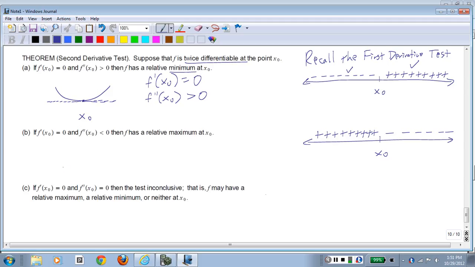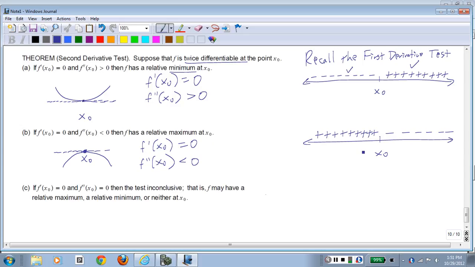On the other hand, maybe the graph looks like this. There is a horizontal tangent line at x sub 0, so f prime of x sub 0 equals 0. And f double prime of x sub 0, if it's concave down, that's negative. Now, based on that, we can say it has a relative maximum.